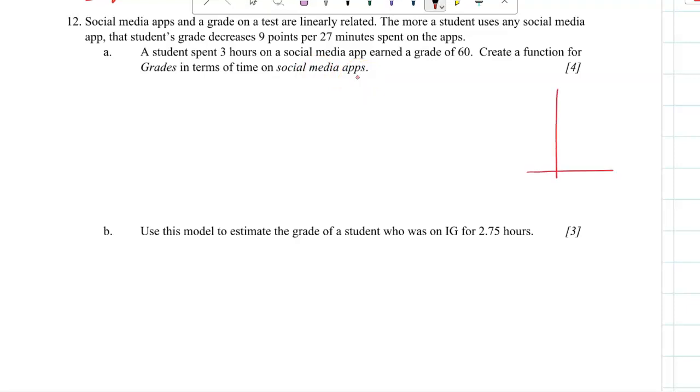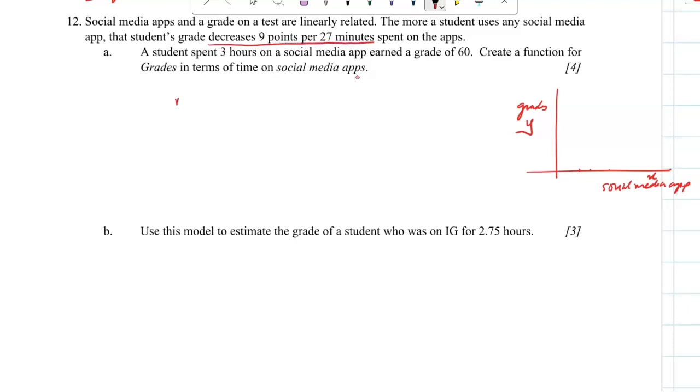So it's like this. You have to create a function for grades. Grade is, let's say, y. The time on the social media app is, let's call this, x. The student's grade decreases 9 points for 27 minutes spent.